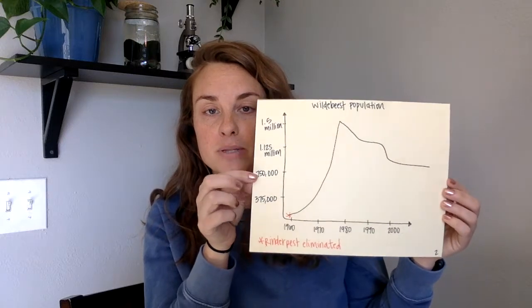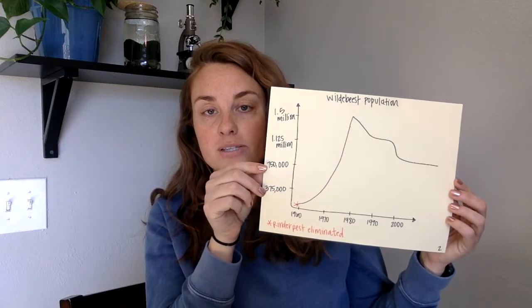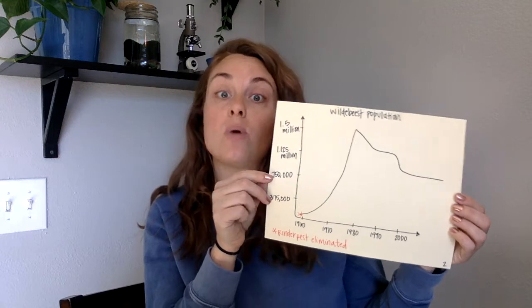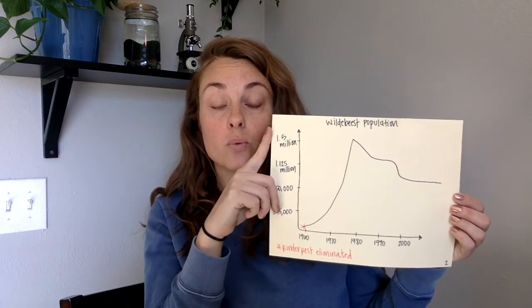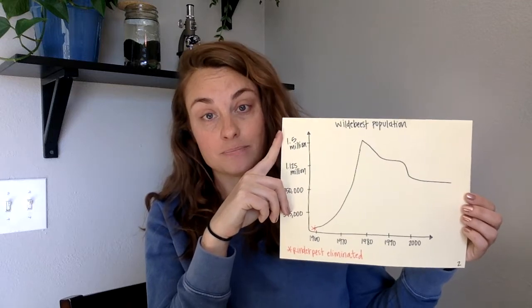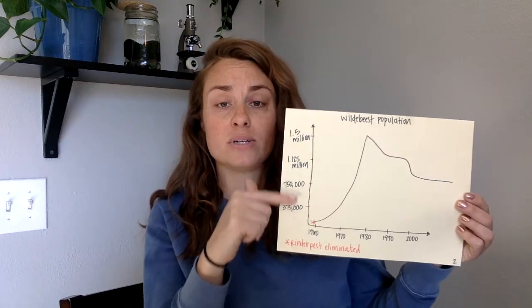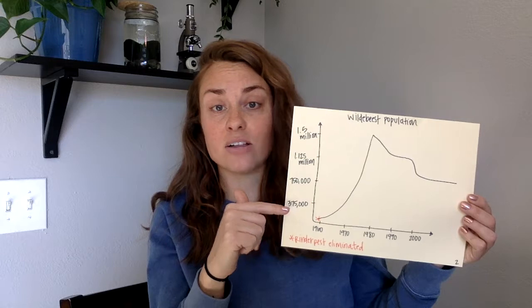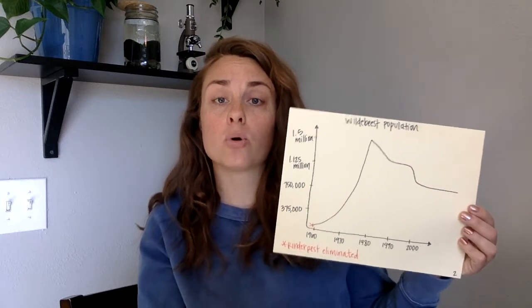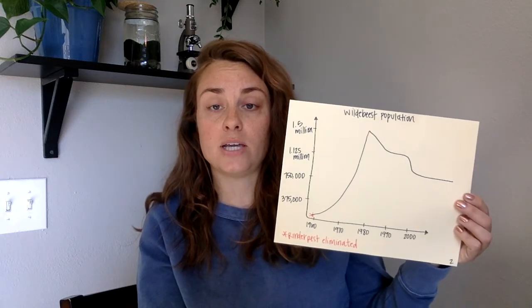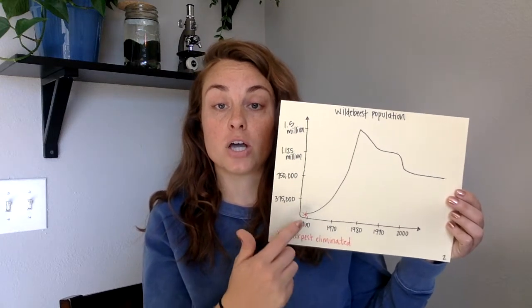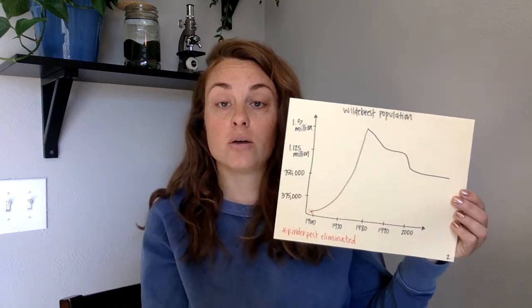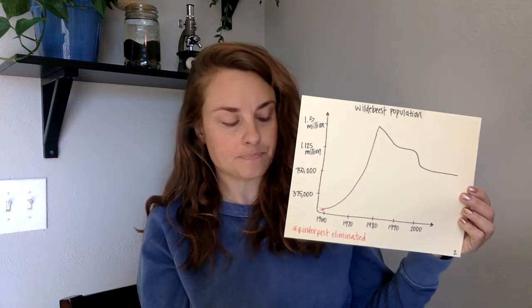The wildebeest population jumped from 375,000, which is way more than buffalo, even at its lowest, all the way up to over 1.5 million. So as you can see here, based on just the scale of this graph, there are way more wildebeest that live in the Serengeti ecosystem than there are buffalo. And the wildebeest also saw a huge increase after rinderpest was eliminated.